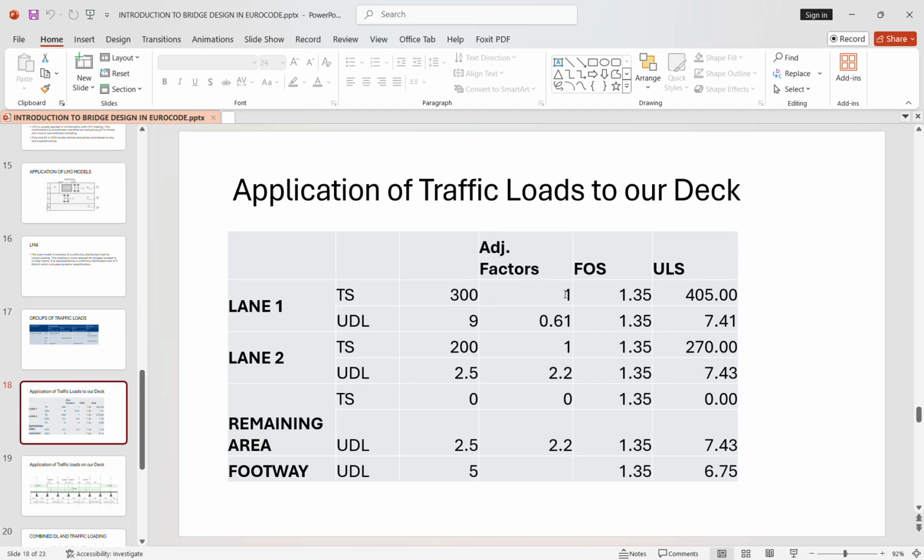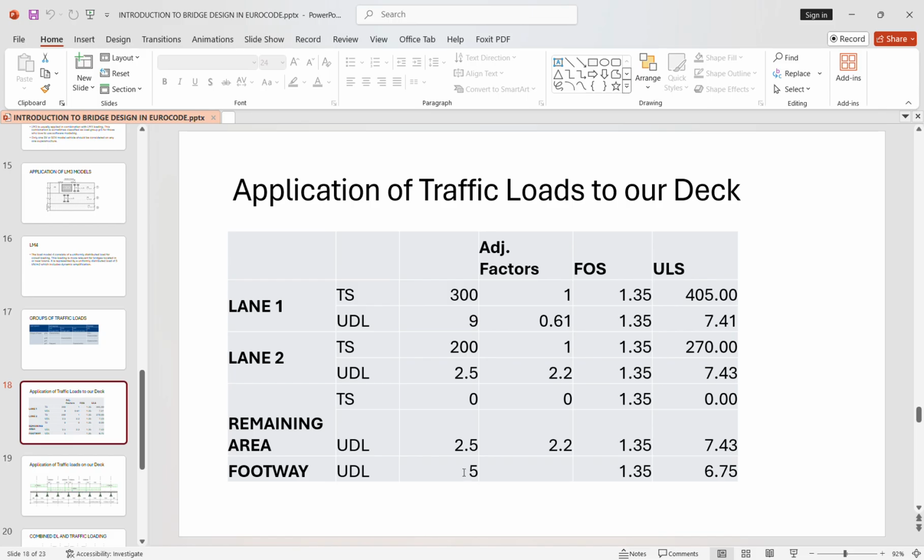I have factored them by 1 and 0.61, and then I have added the factors of safety to find the ultimate limit state loading on that lane. For lane 2 the same, and for the remaining area the same, to get the ultimate limit state loads.